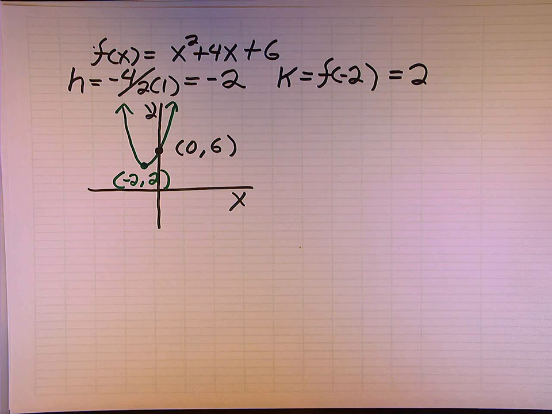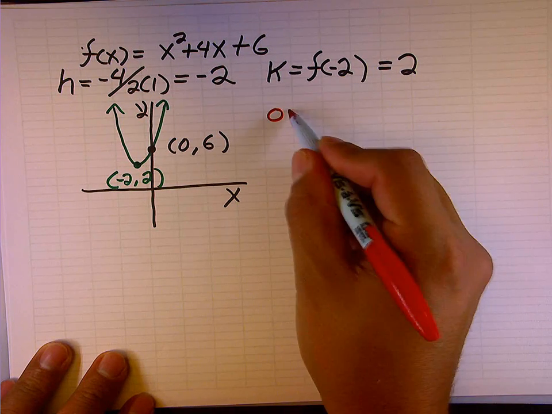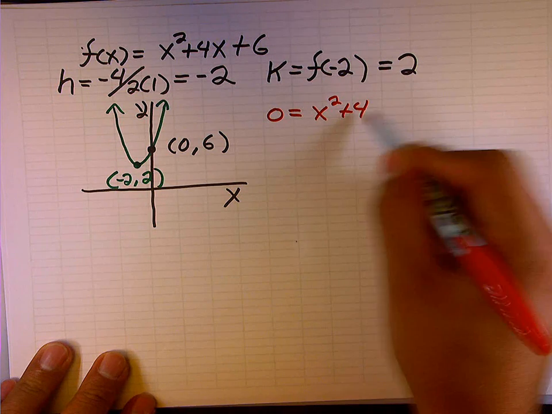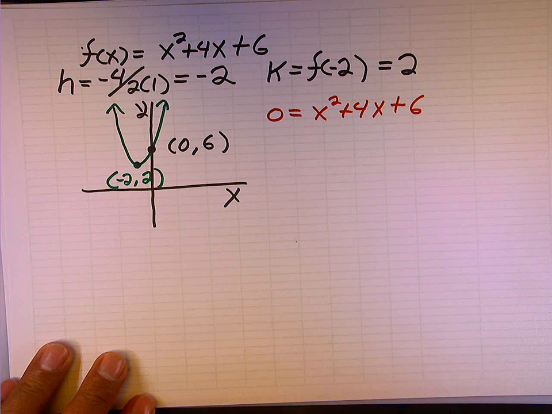So what happens if I attempt to find something that does not really exist? Error. Exactly. Something must go wrong. So, let's do it. I'm going to set y equal to 0, which we know cannot happen. There's no y location on there that goes down that far.